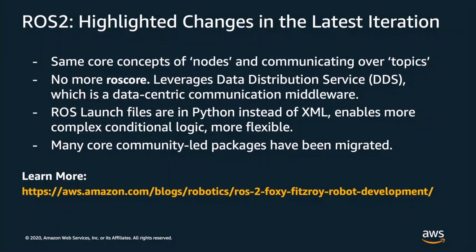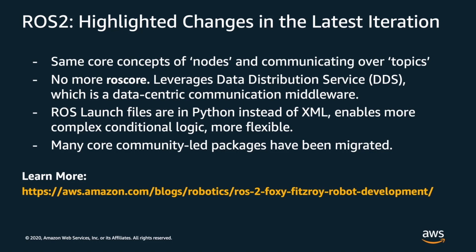So to close out on our ROS discussion, let's just talk a little bit about ROS1 and ROS2. So today we're going to use ROS1, however, many companies are starting to migrate and use ROS2. The latest release of ROS2, Foxy, includes long-term support until May of 2023 and is a good choice for building new ROS applications.